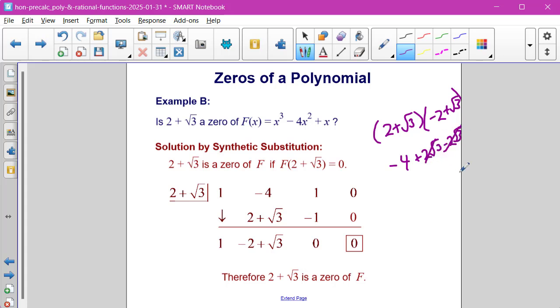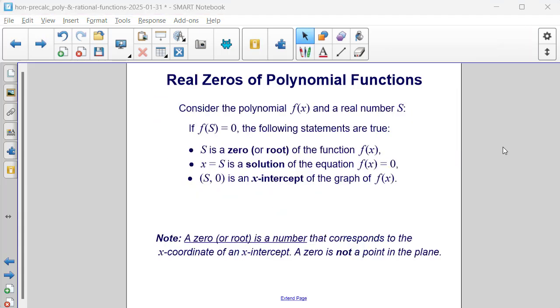These terms cancel out, and then you have a plus 3 at the end. Negative 4 plus 3 gives us negative 1. And then 1 plus negative 1 is 0. 0 times 2 plus root 3 is 0. And add straight down, we get 0. So this does prove that 2 plus the square root of 3 is a 0 of f.